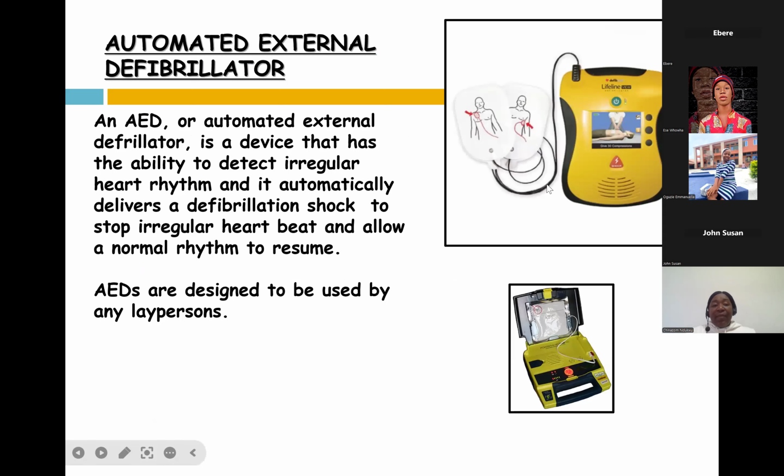So there's another thing coming up on the screen here. The AED, Automated External Defibrillator. Please, can you indicate if you have ever seen this before? Or have you ever seen where it is stored, maybe in a public place, and they wrote AED stored here?